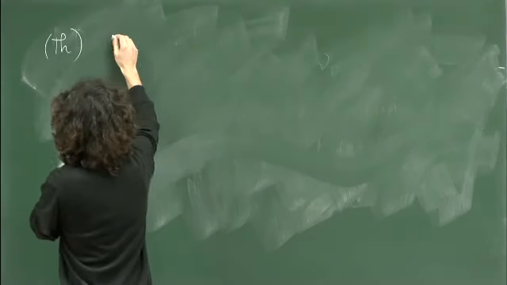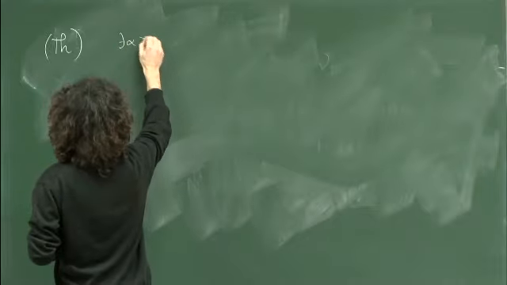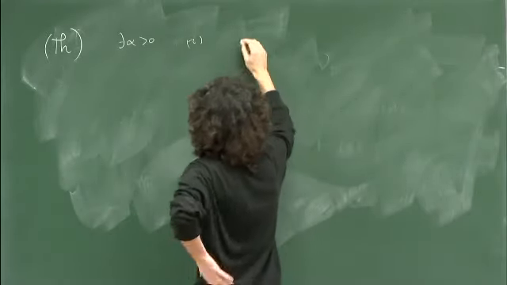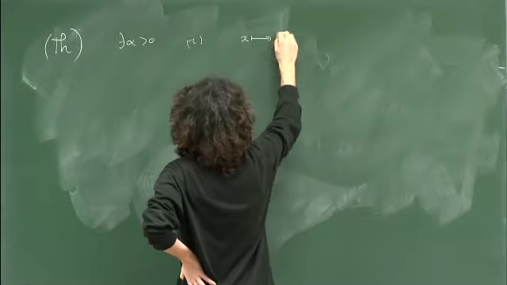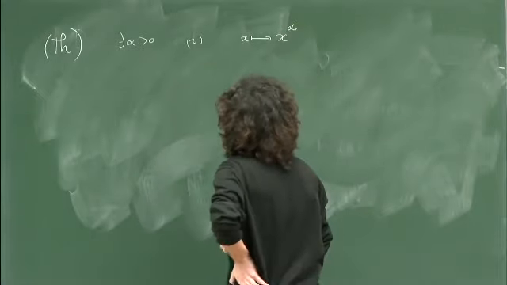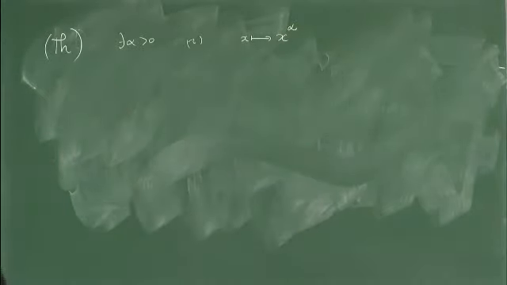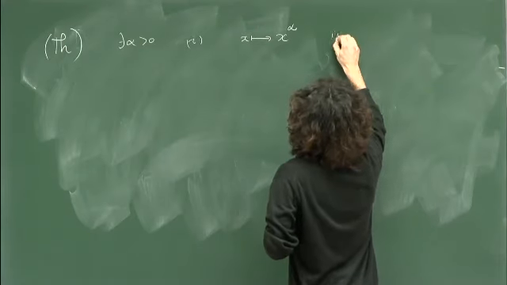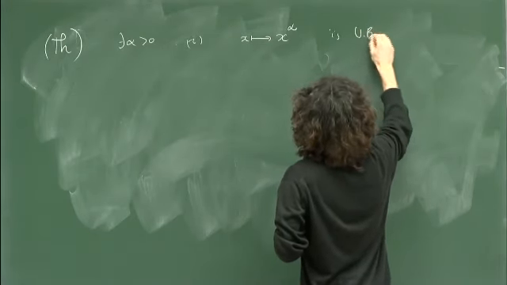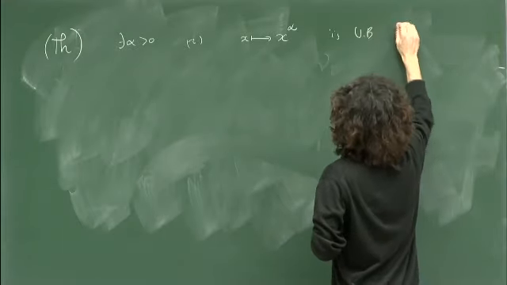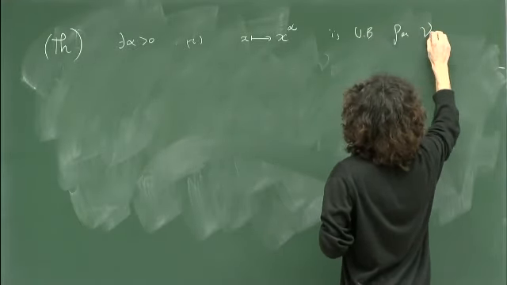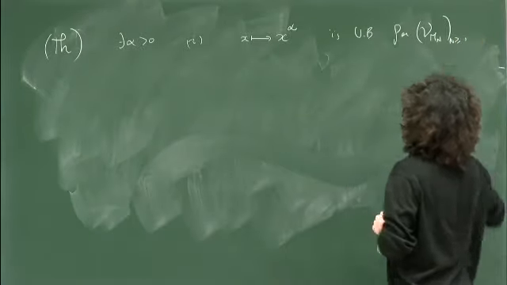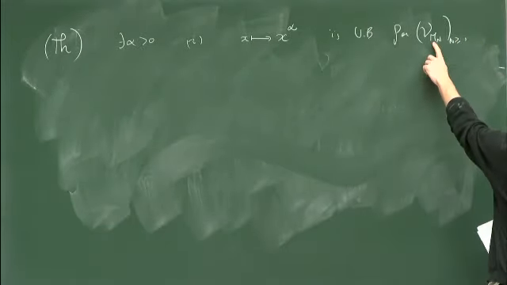So assume that there exists alpha such that the function x gives x power alpha is uniformly bounded, I'm going to tell what I mean by that, for my sequence of matrices, the spectral measures of the matrix Mn.